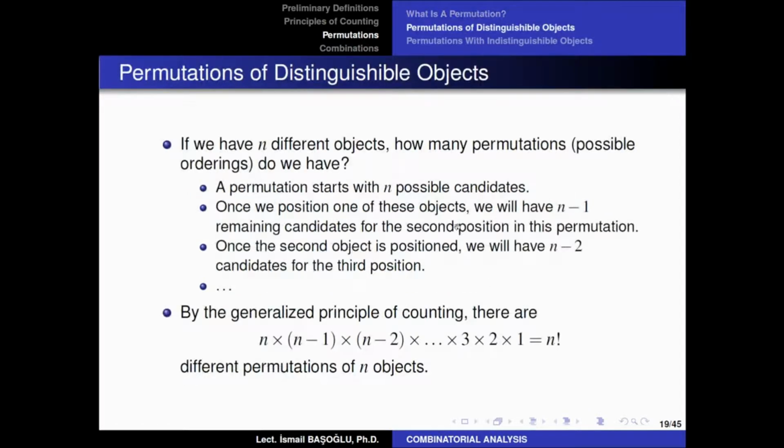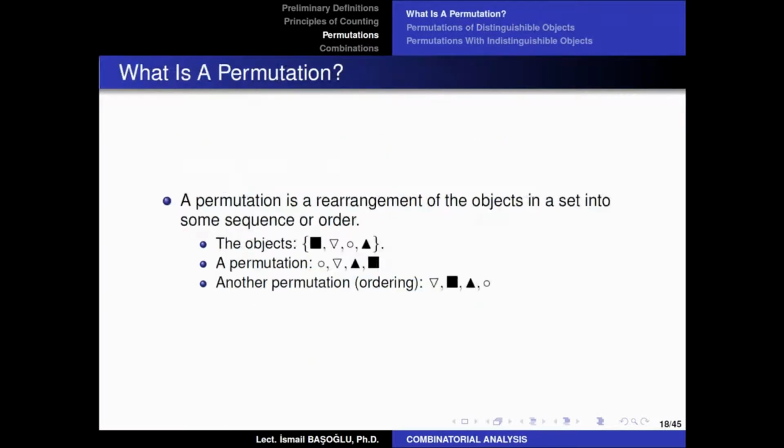Now, how many different permutations can we create with distinguishable objects? In the previous example, we have a set of objects, and all these objects were different from each other, which means they are distinguishable from each other. We can separate these objects from each other.